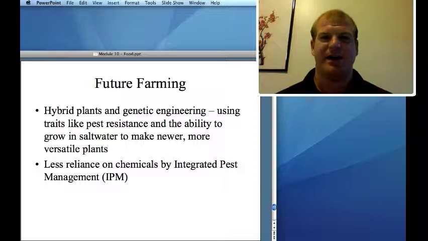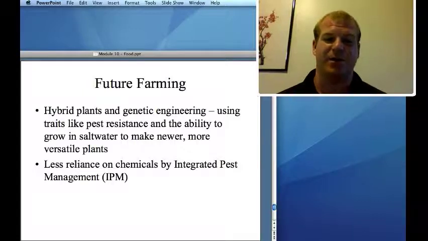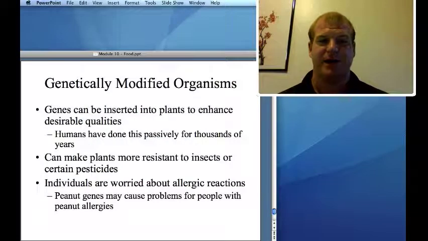They have a gut buster in them that causes certain worms to not be able to survive. If the worms eat any of the plants, they end up dying. Also, things like the ability to grow in salt water. These are some things that research is working on right now. And also having integrated pest management to rely less on chemicals and more on alternative means.